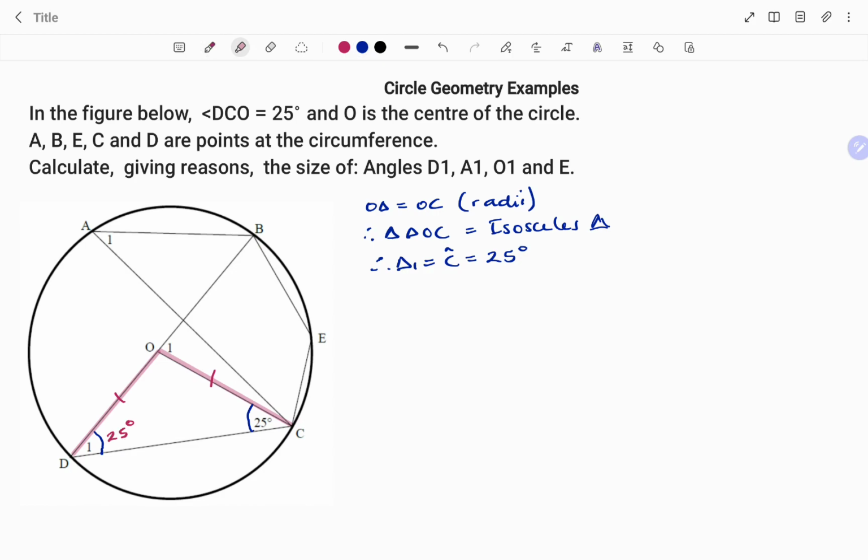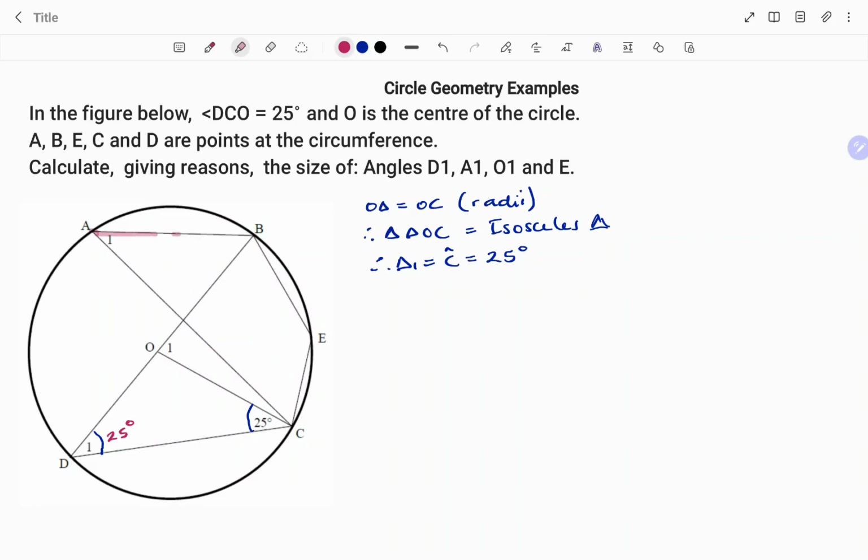To calculate A1, I'm going to take out the lines drawn. A, B, D, and C are points on the circumference of the circle, and we know that angles in the same segment of a circle are equal. You can see the bow tie. I'm going to highlight that.